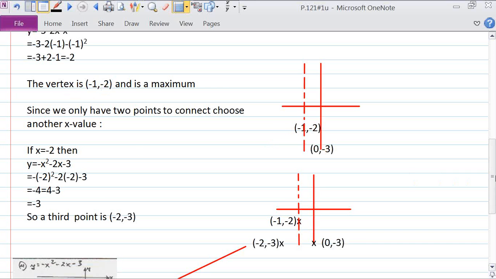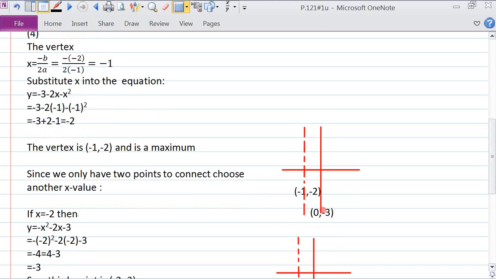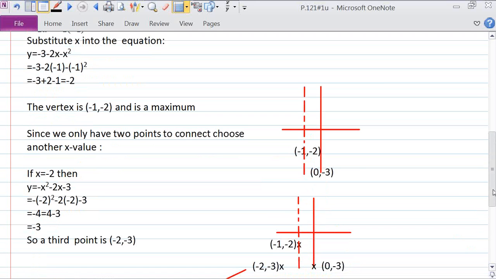And this is the y-intercept right over here. So here's the vertex, here's the y-intercept, and we only have 2 points. So we would connect this with this, and it would go up, and then it would go down.